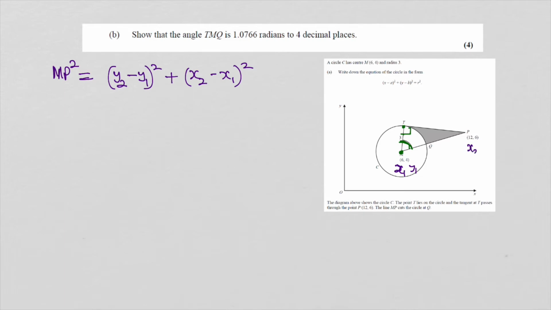This is x2, y2. And therefore MP will be equal to the square root of (y2 minus y1) squared plus (x2 minus x1) squared.